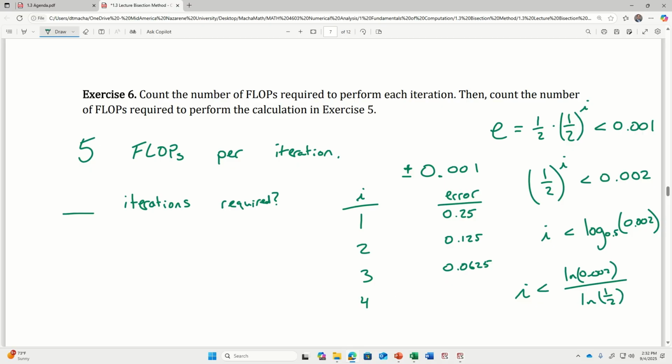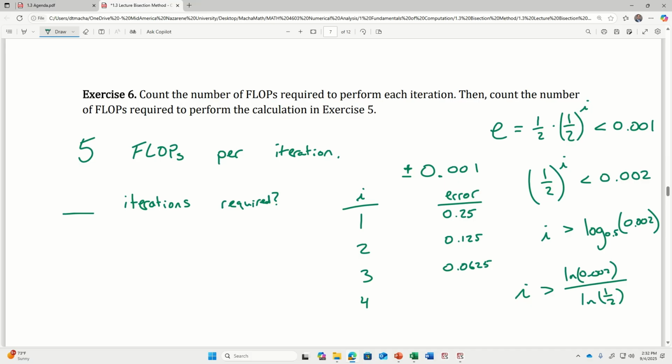And I need my number of iterations to be greater than that number. I know this sounds crazy, but the natural log of half is actually a negative number. And so whenever I divide both sides by a negative number, I've got to switch the direction of the inequality.